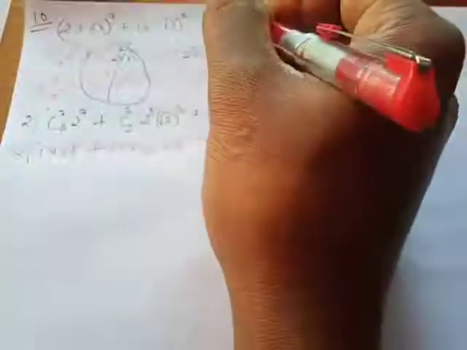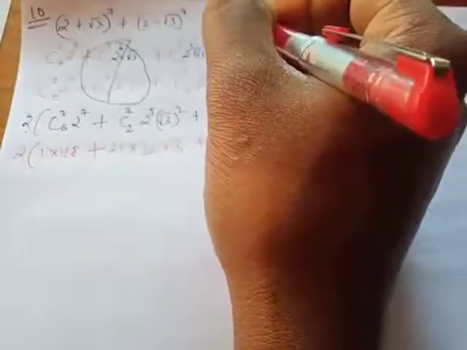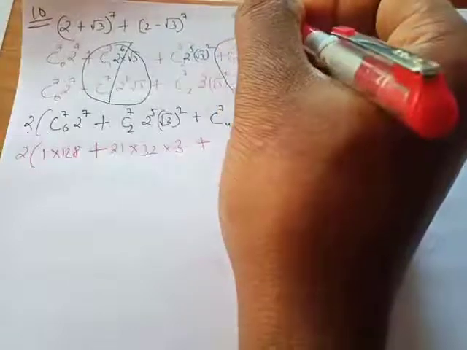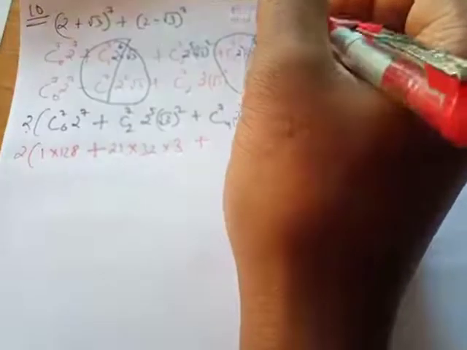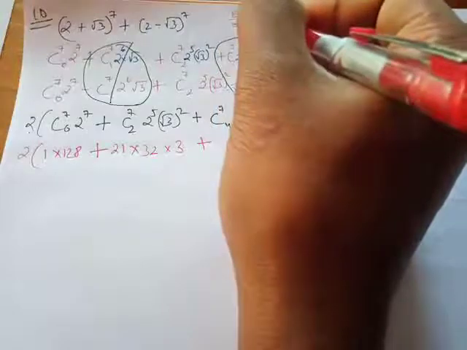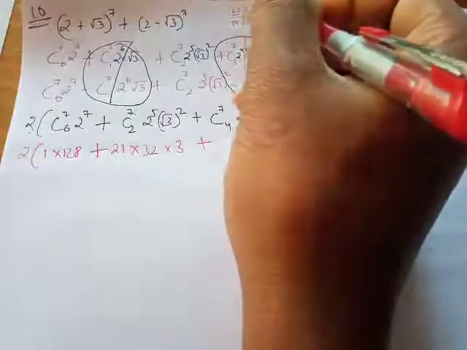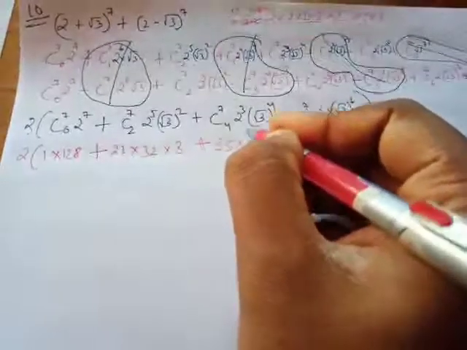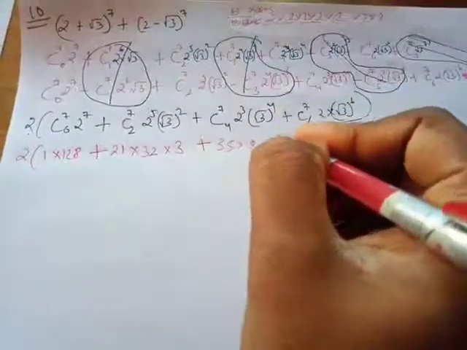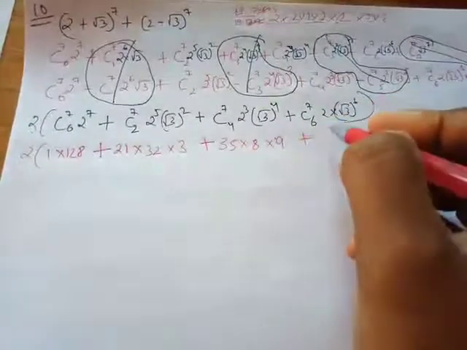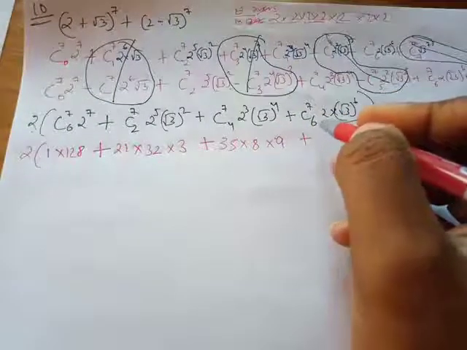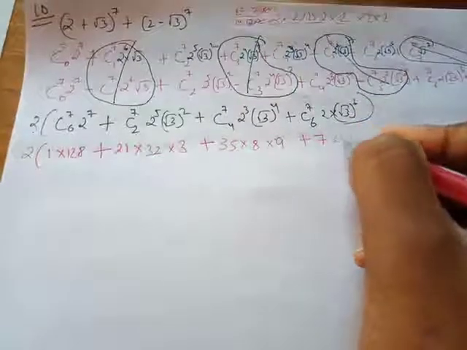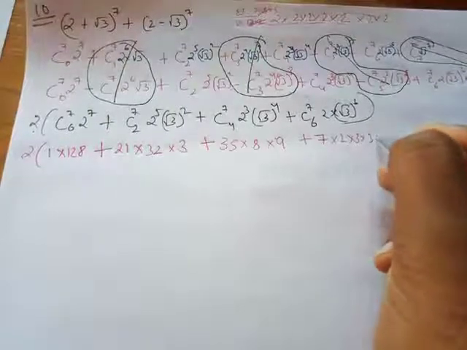Plus this is going to be 7 factorial, 4 factorial and 3 factorial, 7 into 5 into 5, 3 into 2, 6 cancel, 35 into 2 to the 4, 4 to the 8 into 9. Plus this is going to be 6, 6 factorial, 6 minus 1 factorial, that's going to be 7 into 2 into 3 into 3 into 3.